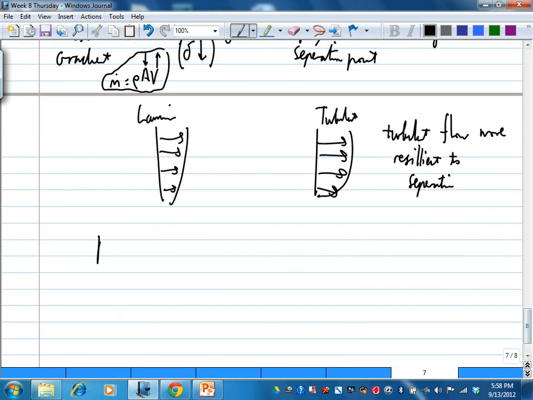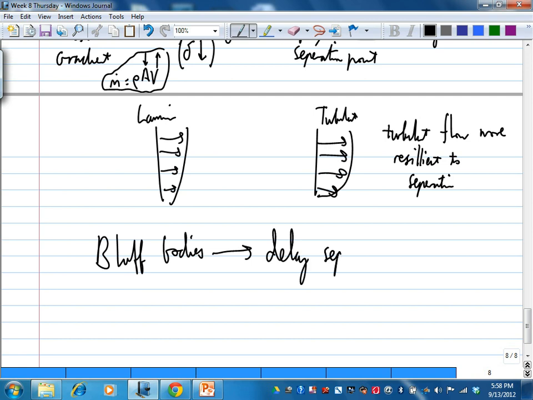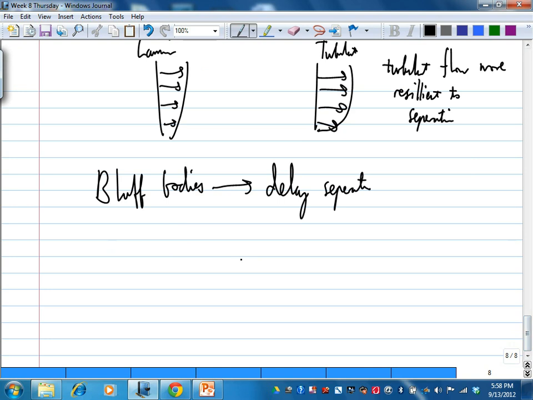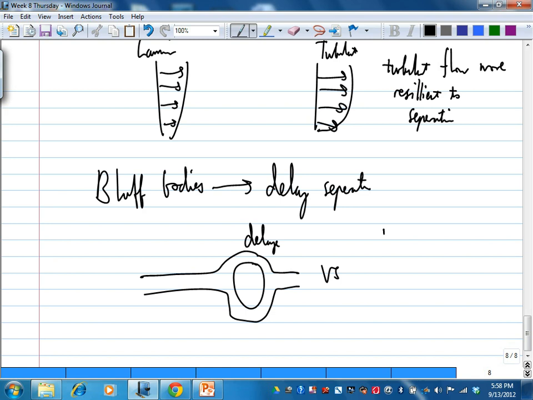For bluff bodies, you want to delay separation. Why? Because if you delay separation, you get a narrow wake, as versus no delay.